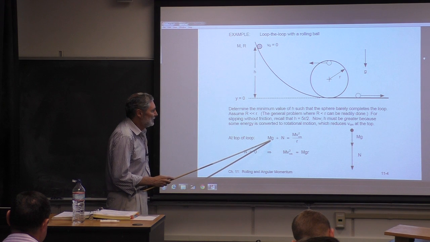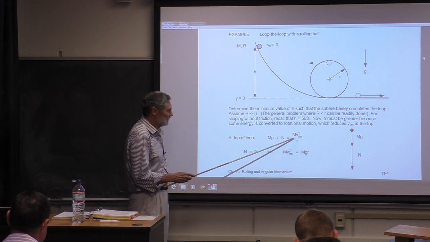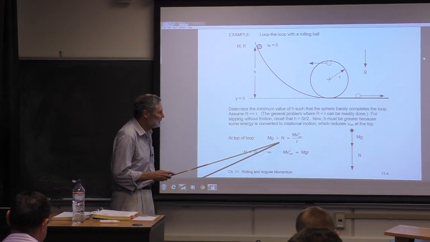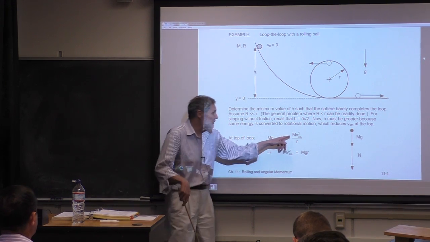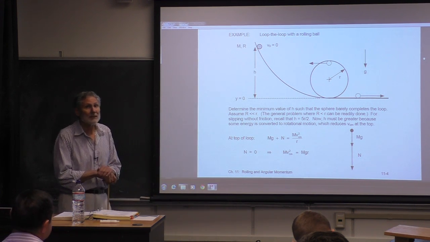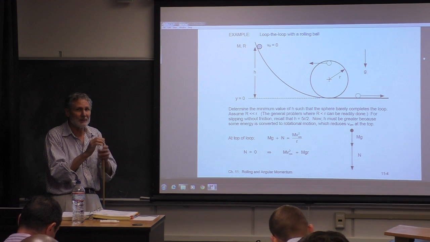Newton's second law tells us that the net force is the acceleration of the center of mass. This is going to be small, so it doesn't really matter here. But technically, we use Newton's second law for a system of particles here. It's referred to the center of mass motion. Remember Newton's second law? You can imagine all the mass to be concentrated at the center of mass.